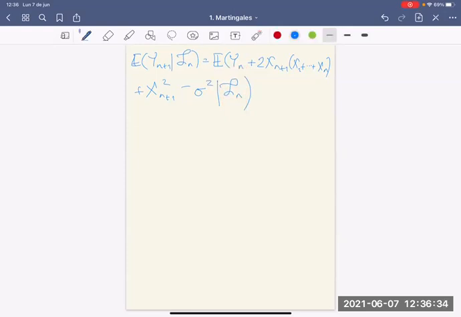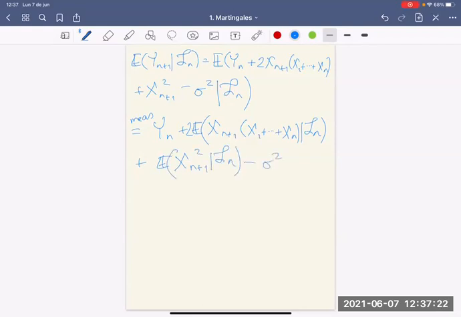So I can quote measurability once again and, because of it, take the Y process out of the expectation operator and write 2 times the expectation of X_{n+1} times (X1 plus up to X_n), given F_n, right? Then plus the expectation of X_{n+1} squared given F_n minus sigma squared, because sigma squared is just a constant.